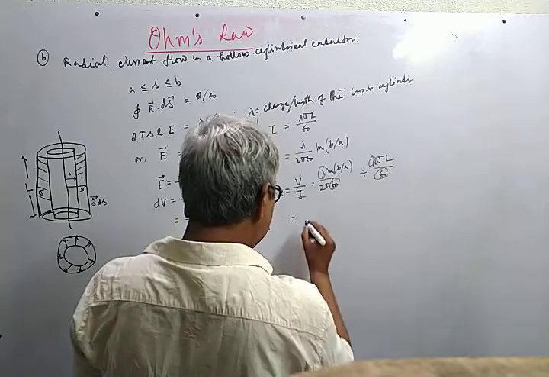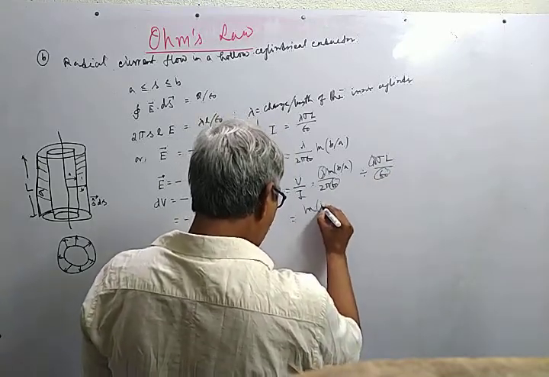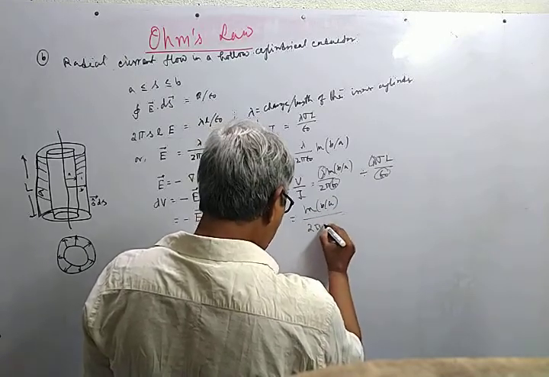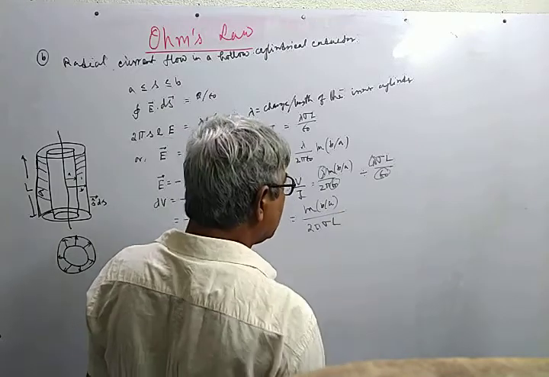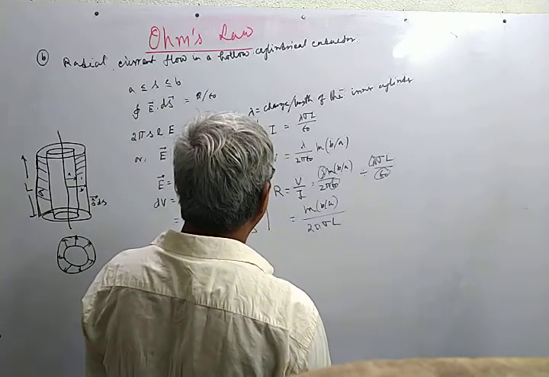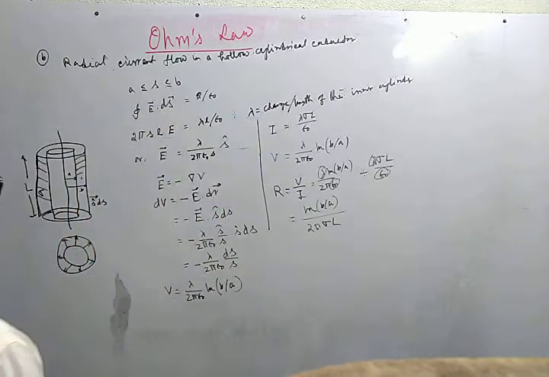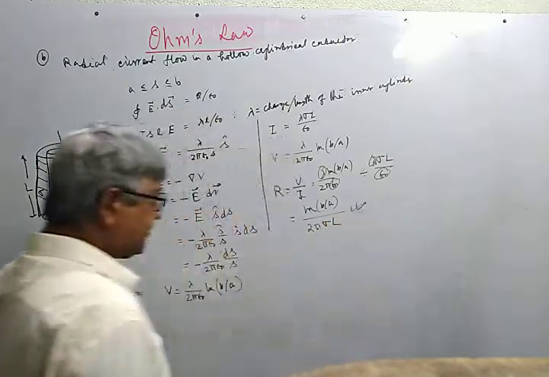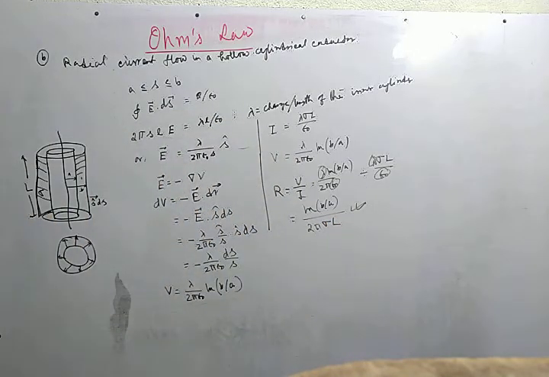So the result is log b by a upon 2 pi sigma L. So this is the expression for resistance for the radial current flow across a hollow cylindrical conductor.